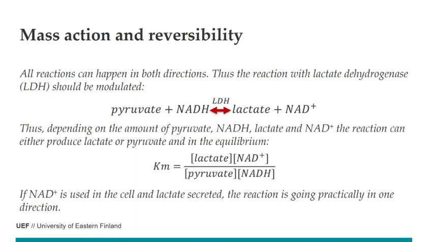Depending on the amounts of the reactants, pyruvate, NADH, lactate and NAD, the reaction can produce either lactate or pyruvate. We can also have equilibrium where the reaction speed in both directions is similar. But in living animals, NAD is used in the cell, and sometimes the lactate is also secreted. So that means the reaction is actually going only in one direction.